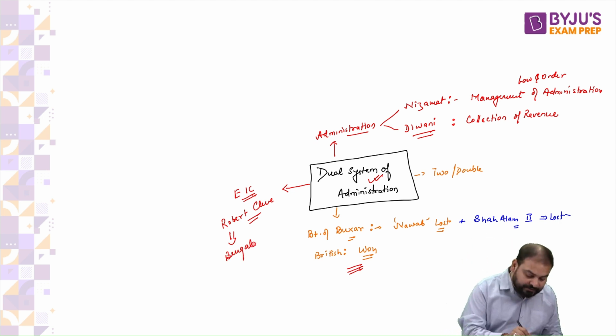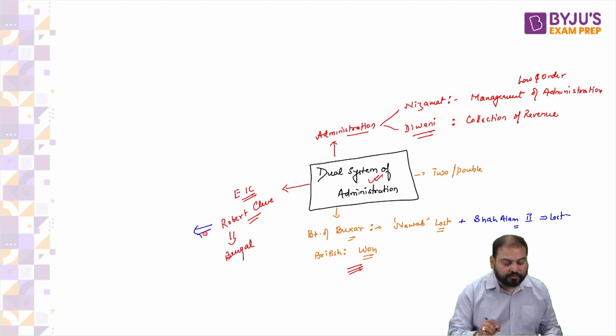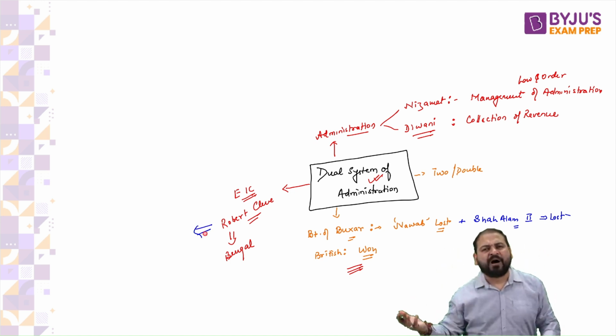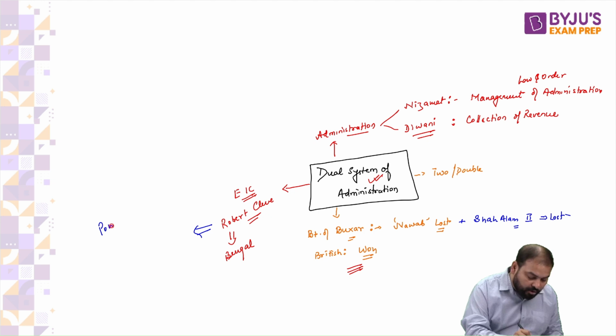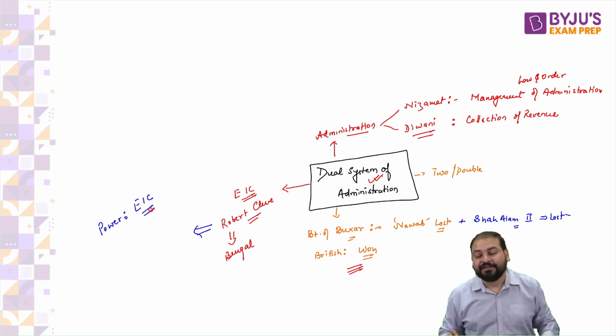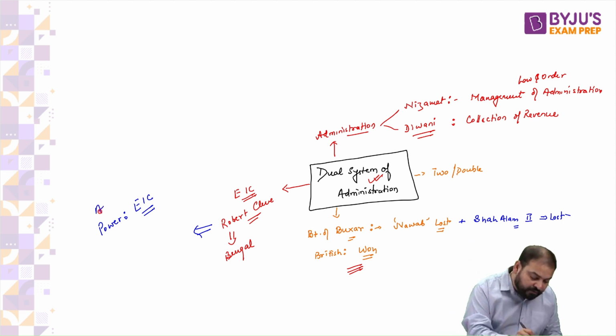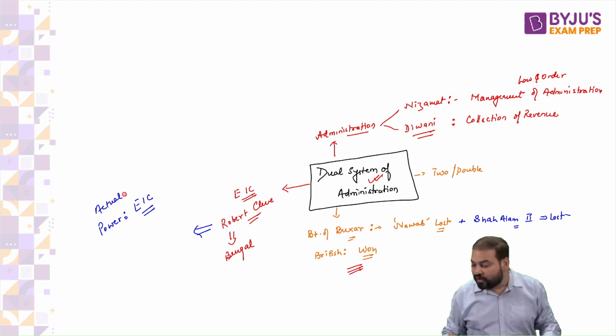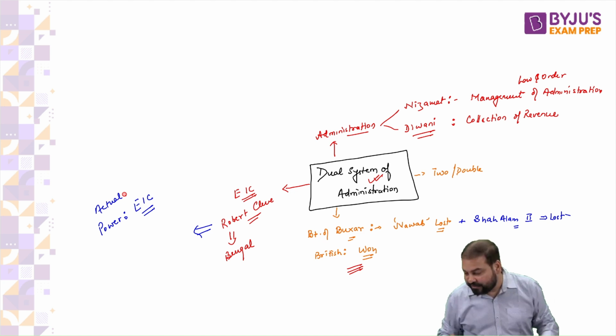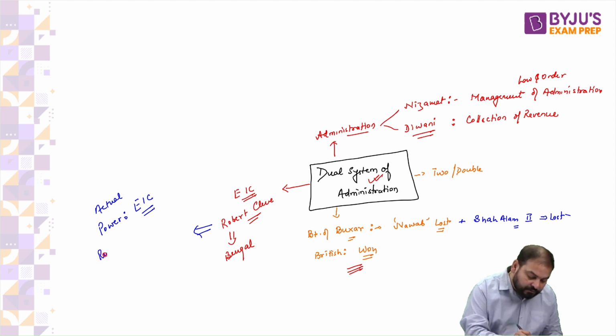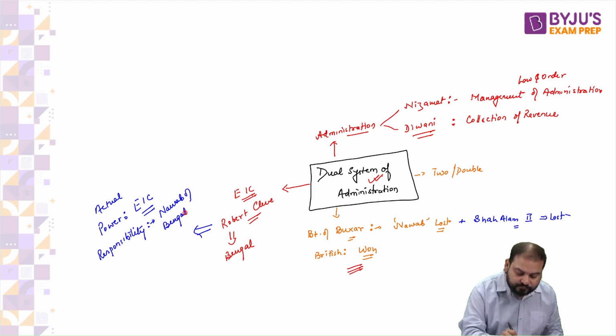Guys, under this, the simple logic was that all the power was in the hands of EIC, that is, actual power was in the hands of EIC, East India Company, and the responsibility was in the hands of the Nawab of Bengal.